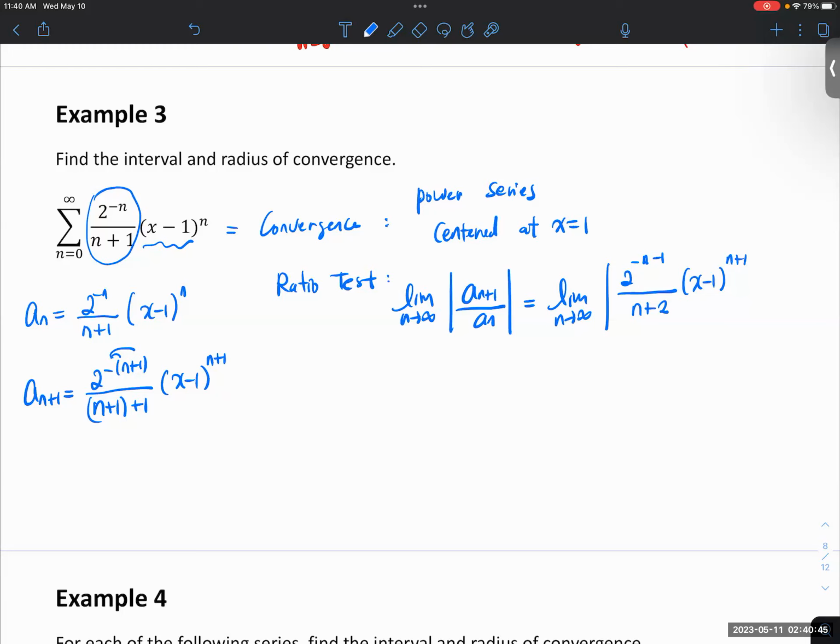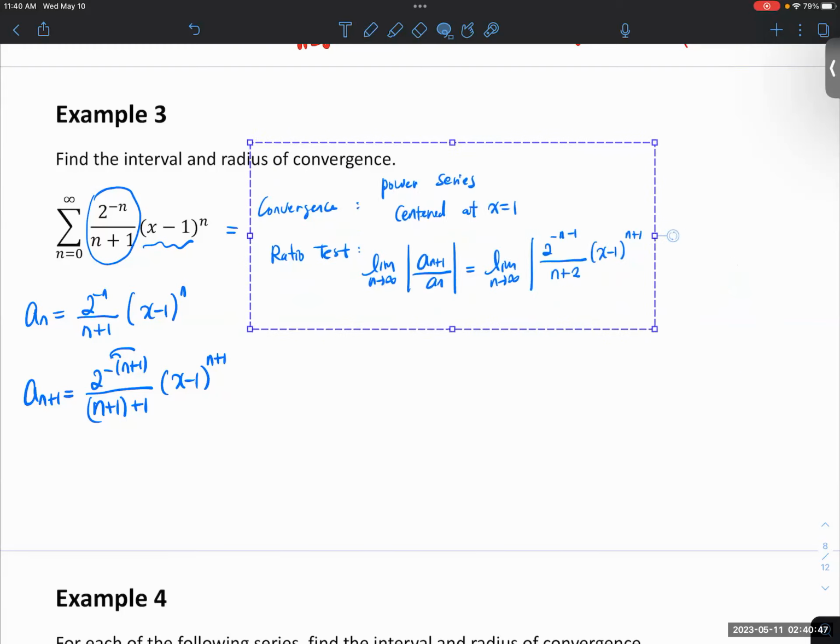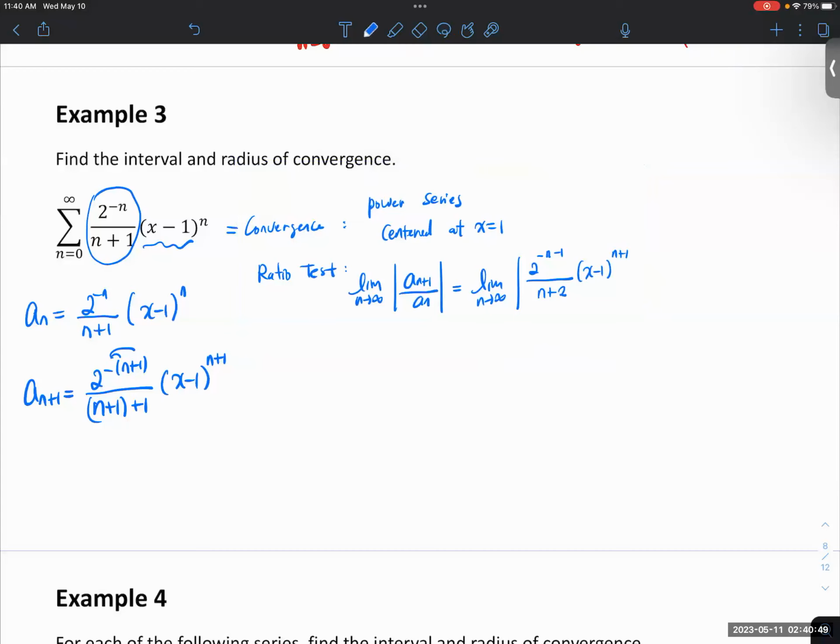And then you're multiplying by the flip of a_n. If you flip it, the bottom is going to be 2 to the negative n and (x minus 1) to the n, with n plus 1 in the top. So that's something you can get.